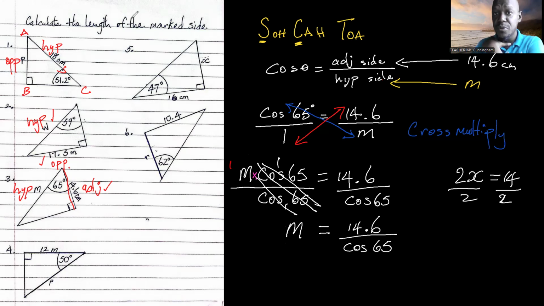So now we go to our calculators and we plug in 14.6 divided by cos 65. Give me the answer to one decimal place, and that will go to Deandra. How much is that, Deandra? 14.6 divided by cos 65.